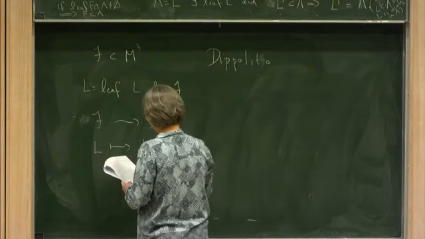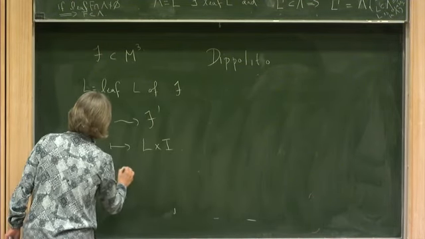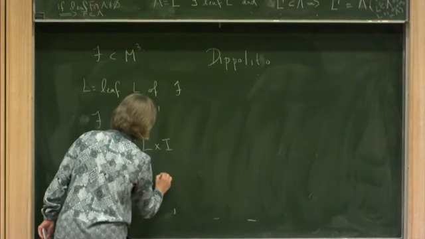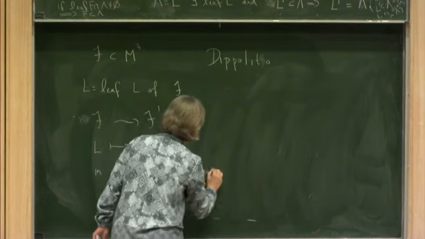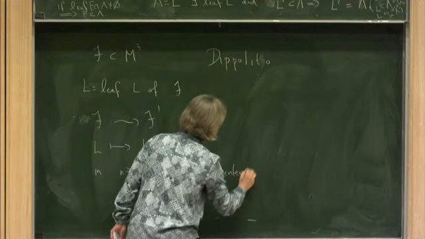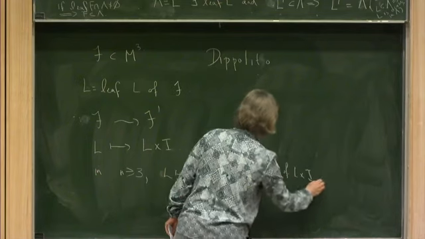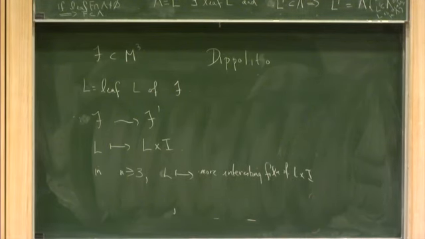So in dimension greater than or equal to 3, L can go to a more interesting foliation of L cross I. Okay, so this is a really important operation on foliations, this notion of Denjoy blow up.